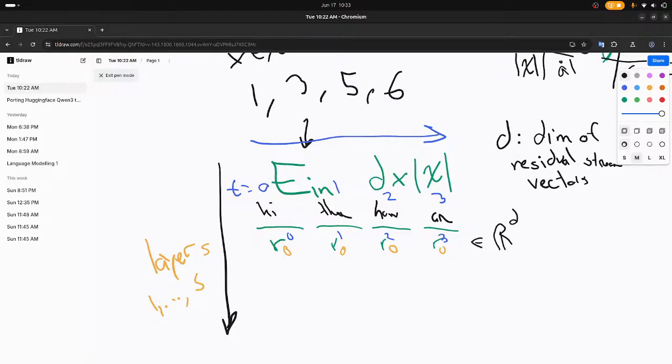But in practice, we might have a matrix here. So we might have some matrix X, or R, I could call it R. Can I use a big R? I could.